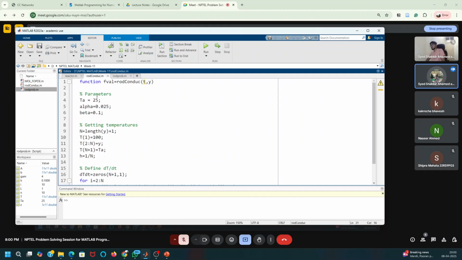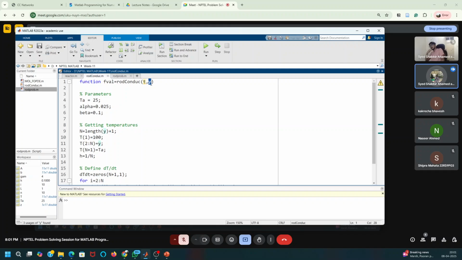Okay, so this is the function. We know TA is 25, which is given. Alpha and beta are also given. Then y is a vector which has all the values of temperature at all nodes, from the second node to the last but one node.